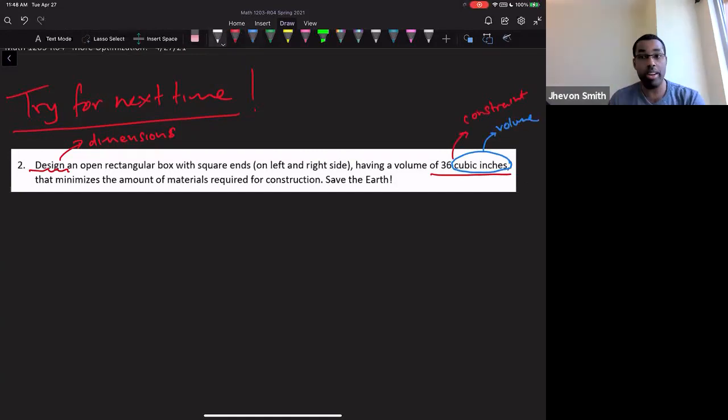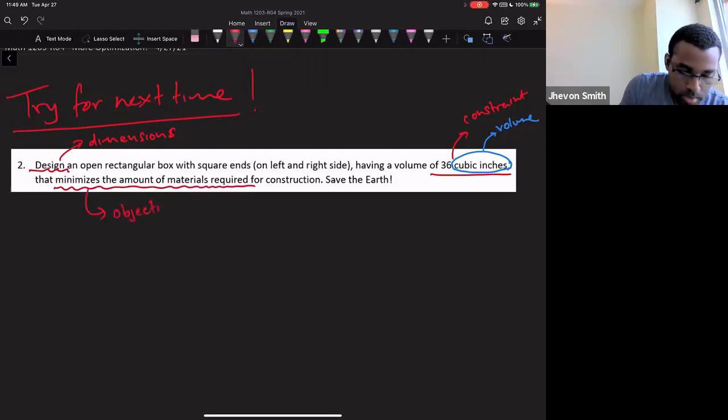So we're reading very carefully, picking out the information, synthesizing the information. Sure, you can read through the problem once very quickly to get the gist of it, but then you want to read carefully and start picking out what you're going to do. Notice here that you want to minimize the amount of materials required. That is the objective. So you want to build a rectangular box that's going to have flat sides.